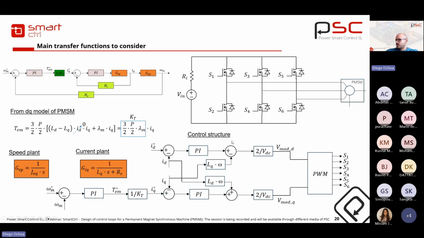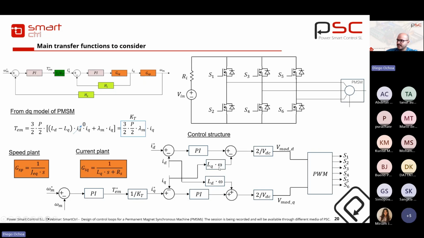In the control structure, we have the PWM. We are also compensating the modulator gain here, and we have the decoupling axis. In the decoupling axis, we are using omega, but this speed is the electrical speed, not the mechanical speed.